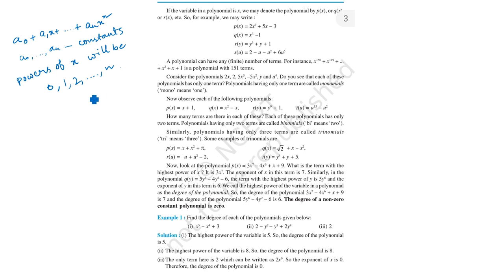This n is a natural number, and another most important thing is that an is not equal to 0.